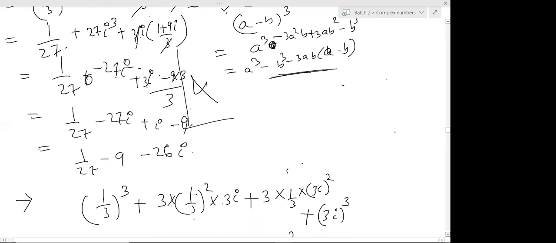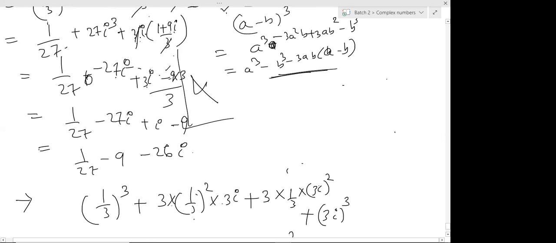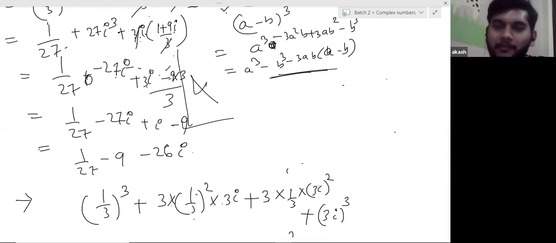Sir, what did you do here? 3i into 1 plus 9i by 3. So how did you get plus 3i minus 9 into 3 by 3? i square, because this is i square, right? 3i and 9i. So 3 into 9 is this, and i square is minus. Ah, okay. Clear? If you guys copied that previous wrong one, please erase that.